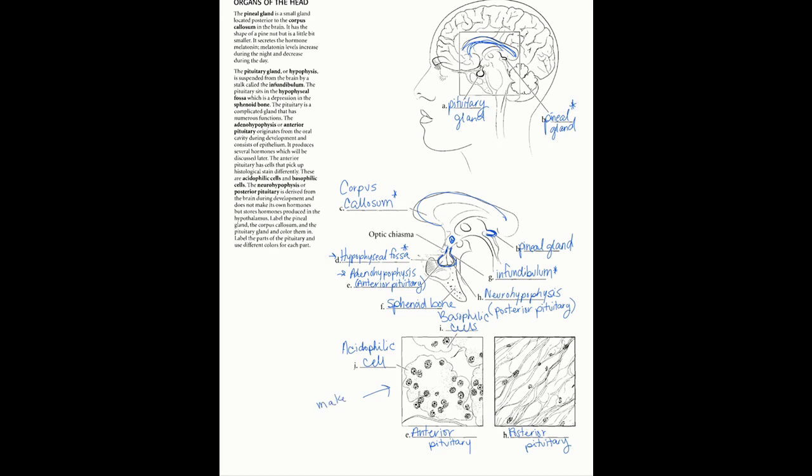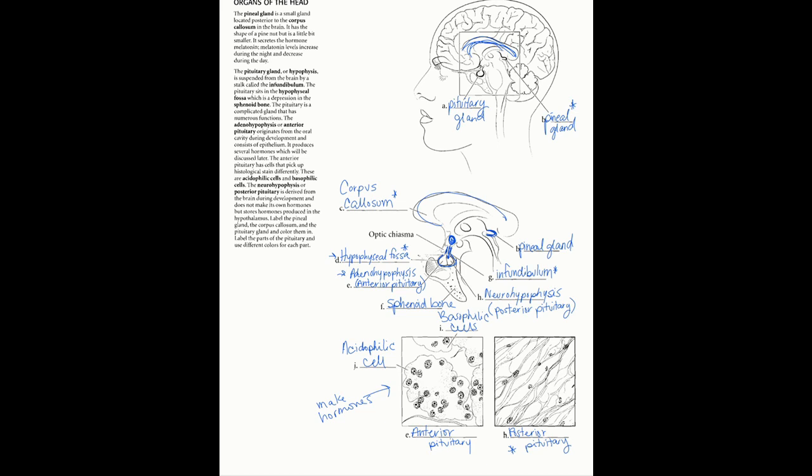The anterior pituitary is able to make its own hormones. However, the posterior pituitary does not. Instead, the posterior pituitary is going to store hormones that are produced in the hypothalamus, which I highlighted up here earlier. So as you can see, this infundibulum, this stalk, is a connection between the hypothalamus and the posterior pituitary. That way the post-pit is able to store the hormones that are produced there.